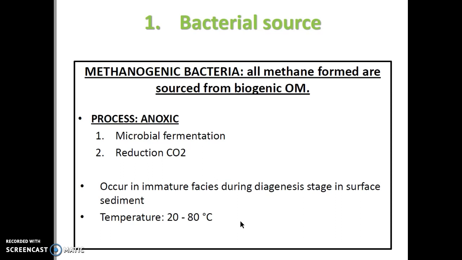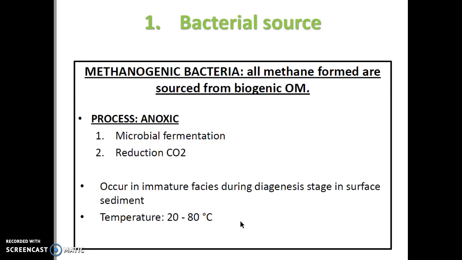The process favors bacteria that can survive only in an anoxic environment, meaning the bacteria are only active and survive in conditions where there is an absence of oxygen.